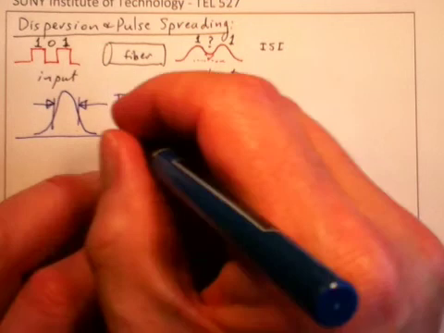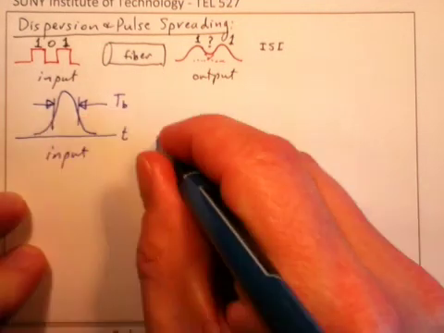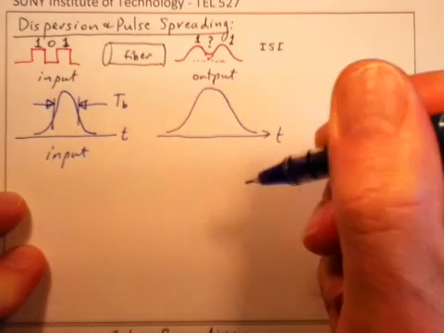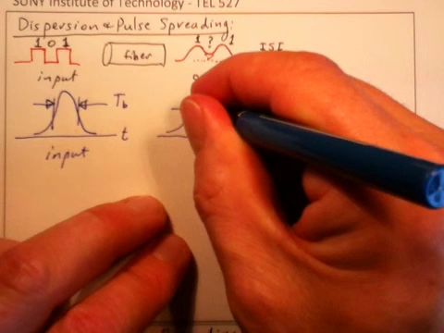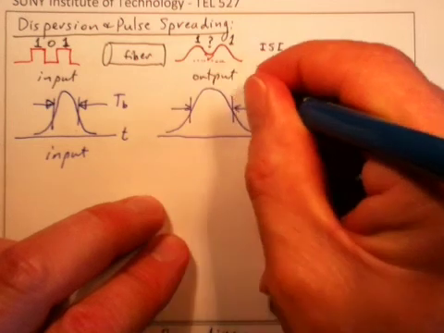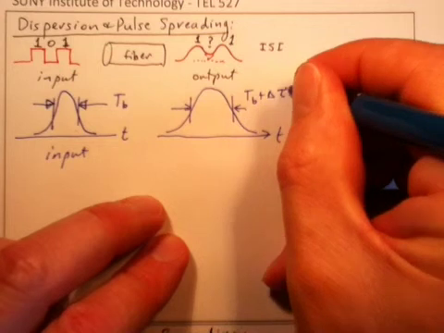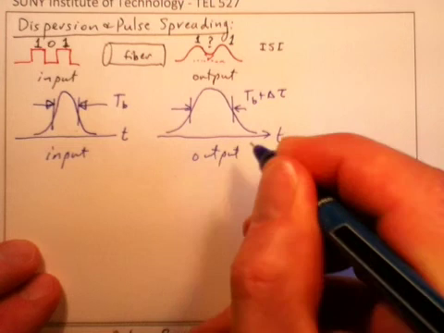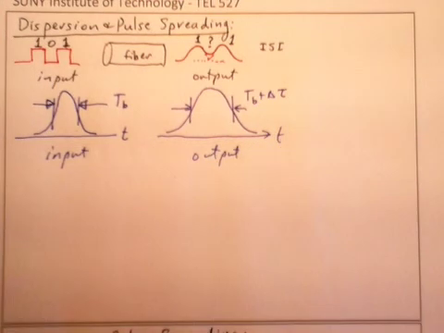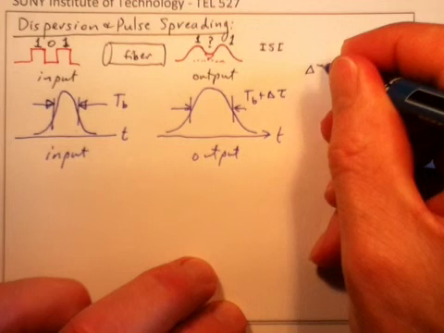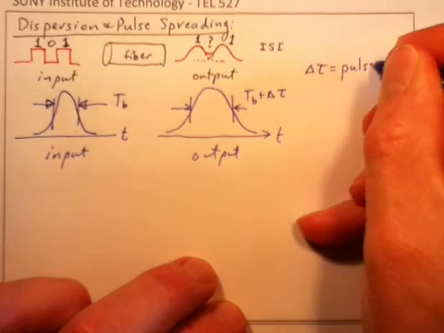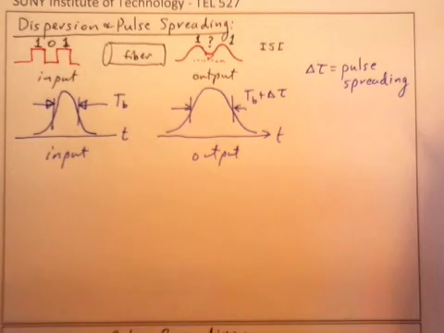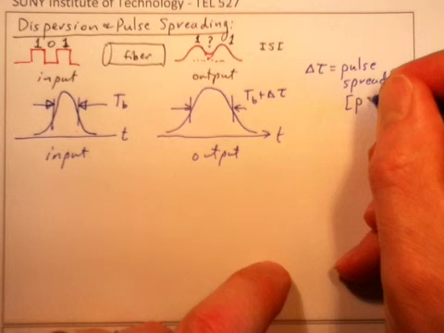On the output, we have in time a wider pulse of width TB plus delta tau, as we're going to call it. And delta tau is referred to as the pulse spreading. It characterizes what's going on, and it's measured typically in picoseconds.